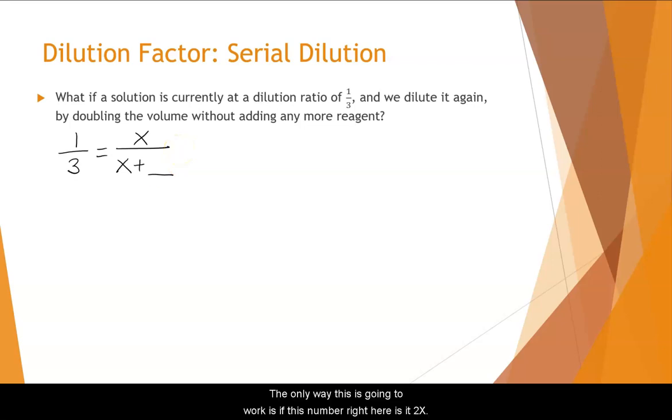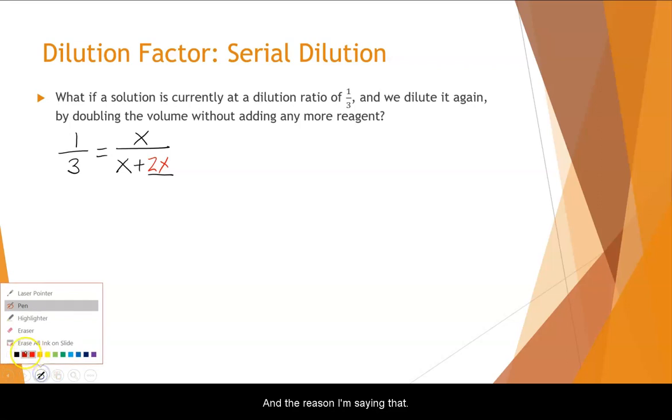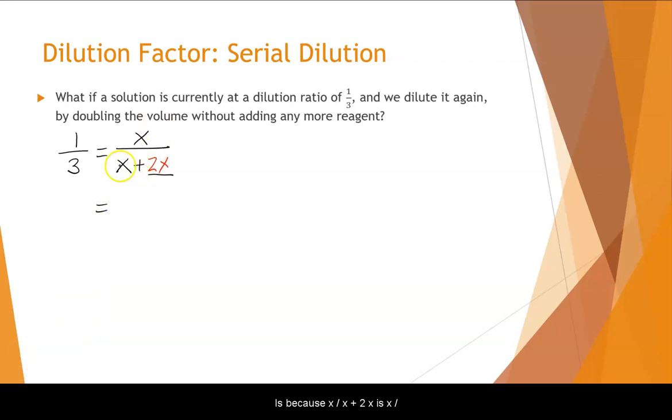The only way this is going to work is if this number right here is a 2x. And the reason I'm saying that is because x divided by x plus 2x is x over 3x, remembering there's an invisible coefficient of 1 in front of the x, and this simplifies out to be 1/3. So to achieve a dilution factor of 1/3, we need to have X amount of reagent and 2x amount diluent.